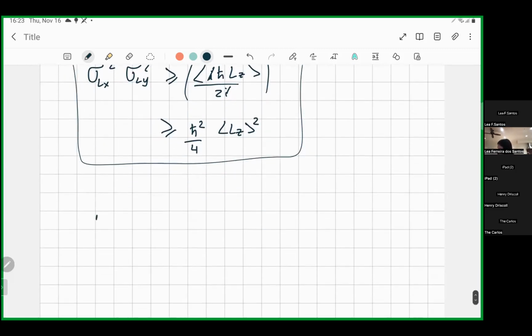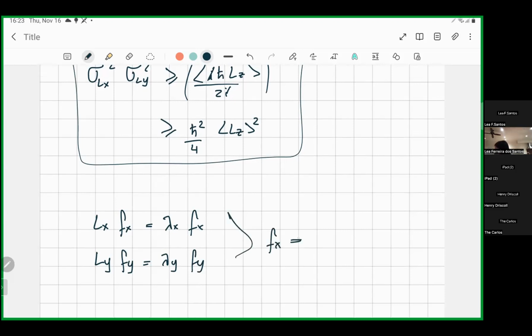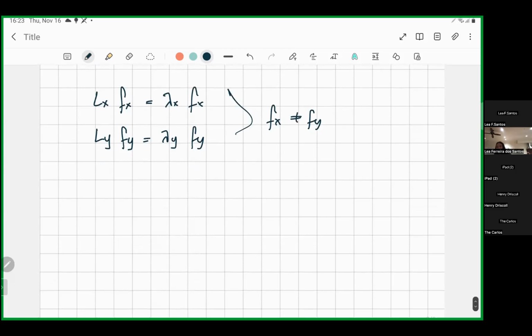So the eigenfunction of the operator Lx is different from the eigenfunction of Ly. But if I have two operators that do commute, let's say operators A and B, that means that the eigenfunction of A and the eigenfunction of B are the same.